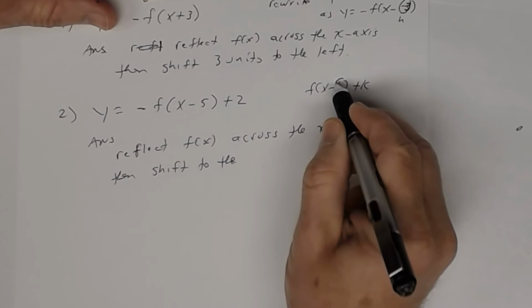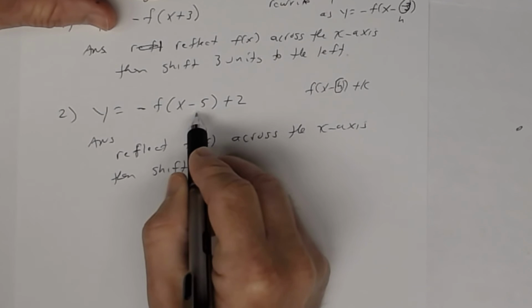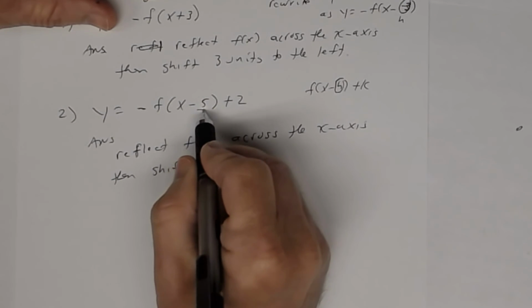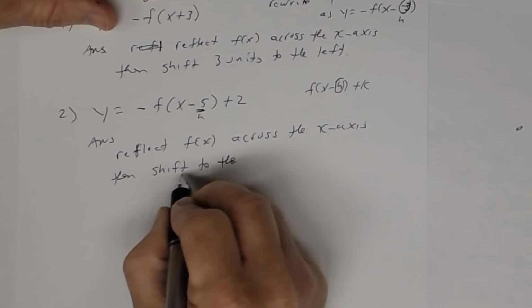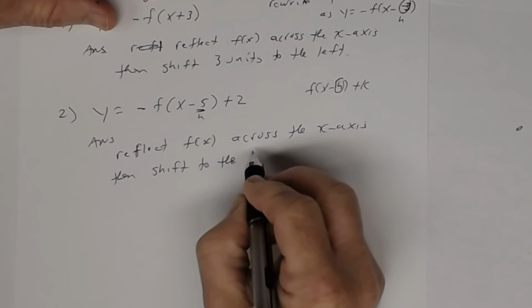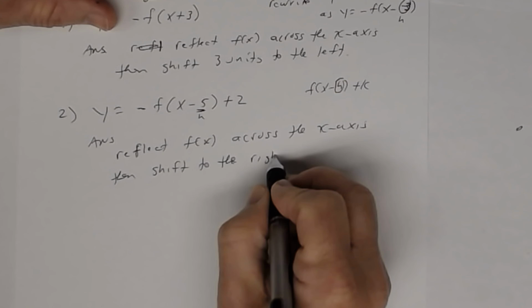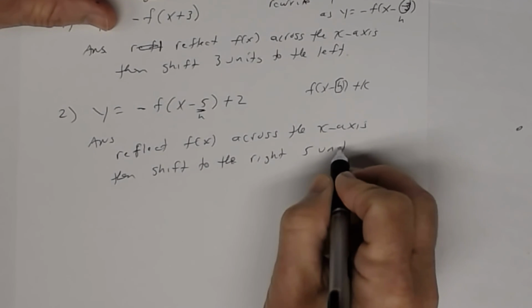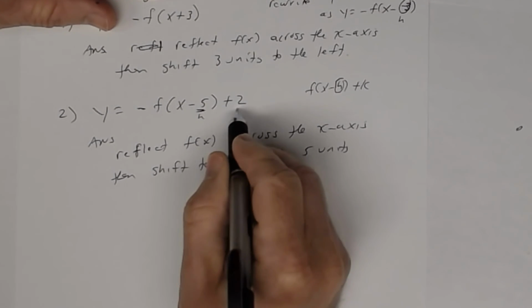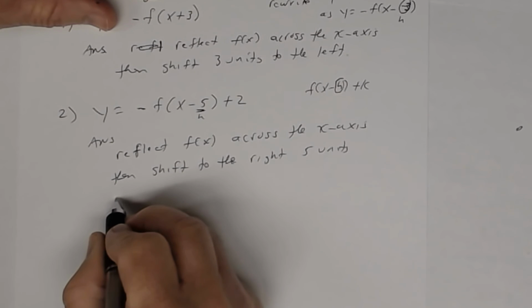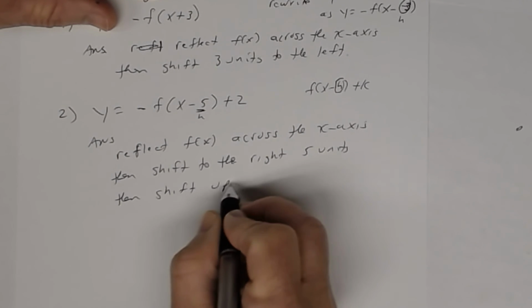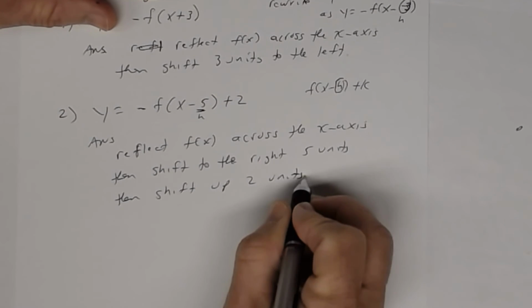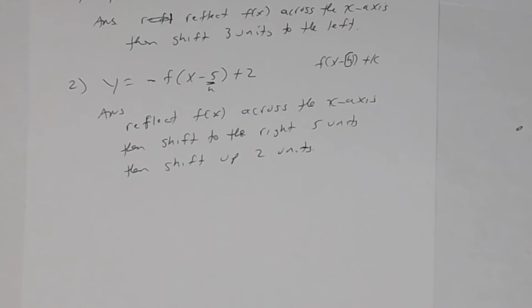So you got to write it as x minus. So it's already in that minus form, right? So this right here is your h. Okay? So shift to the, and h is positive 5. So shift to the right 5 units, and then here's your k, positive 2, and then shift up 2 units. Okay? So it's a very simple process, not difficult at all.